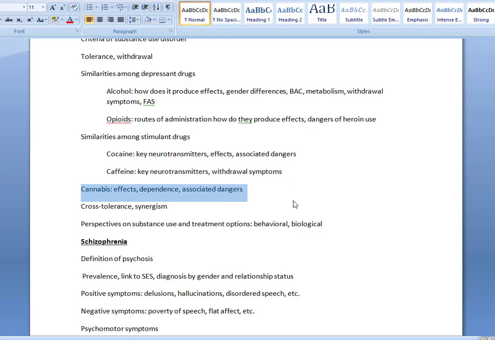Now, when we're talking about cannabis, we're talking about using marijuana and related products. Cannabis is very difficult to classify because it does produce some relaxing depressant effects, as well as some energizing stimulant effects, as well as some hallucinogenic effects. So at certain levels, a person may start having some even potentially psychotic-like symptoms, hallucinations, paranoid delusions, that kind of thing.